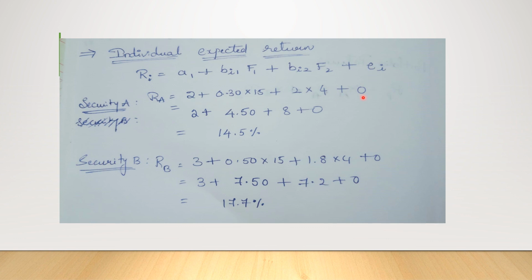Ei is not mentioned, and if it is not given, take it as 0. After calculation you get 14.5%.